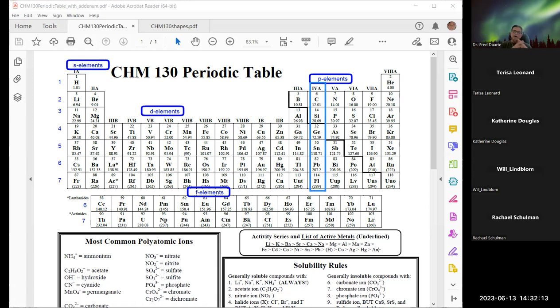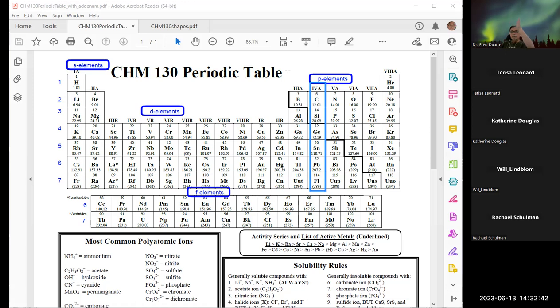That puts them in a very unique position, because from an energy perspective they can either lose those 4 or gain 4 more to get that magical 8. So they can gain 4 electrons or lose 4 electrons. The ones in group 4 are on the fence, if you will.